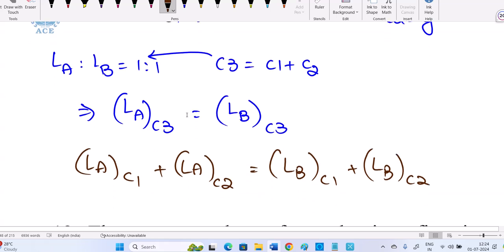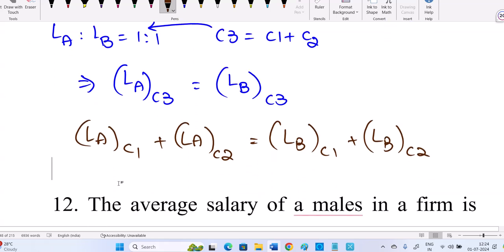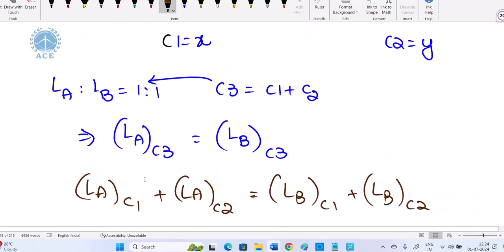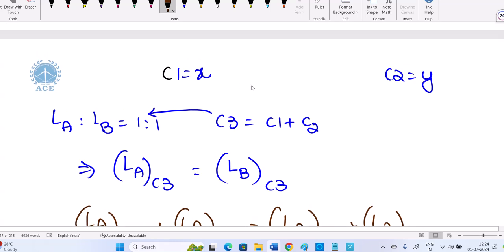Now, what is boys from classroom 1, or container 1? Here X is the total quantity. In that, what is the liquid A and liquid B ratio? 4 is to 1, right?